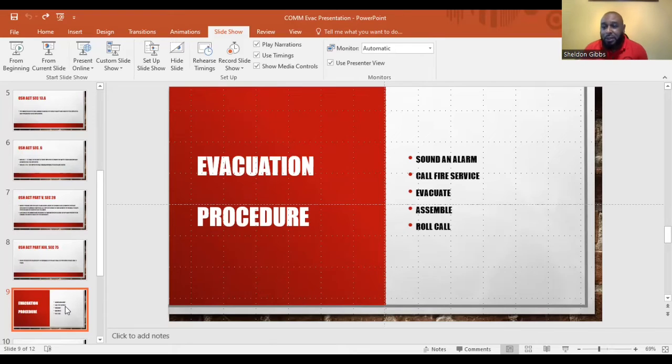All available exits. Human beings have a way of using the access route that they would normally use on a normal day. For instance, if I come in this building as I'm in right now, I may normally utilize the front door, and this is my natural progression to my space or my area of work.